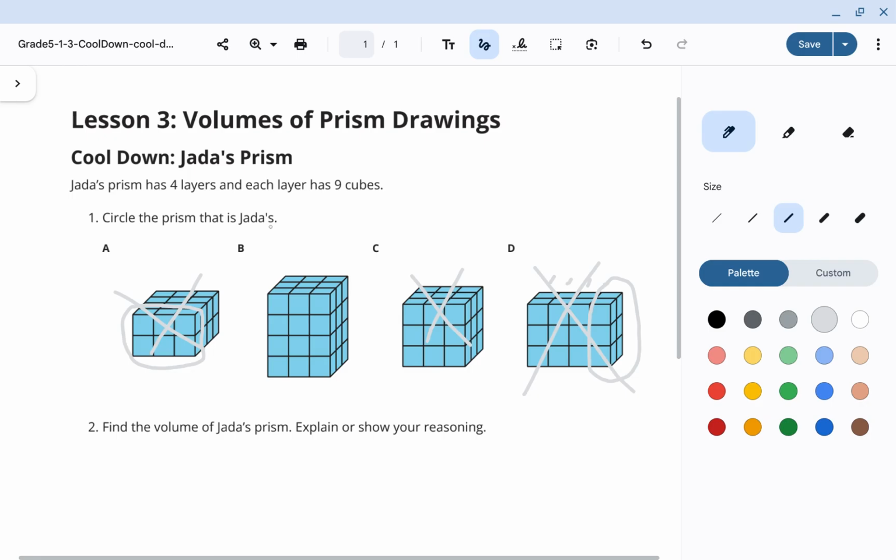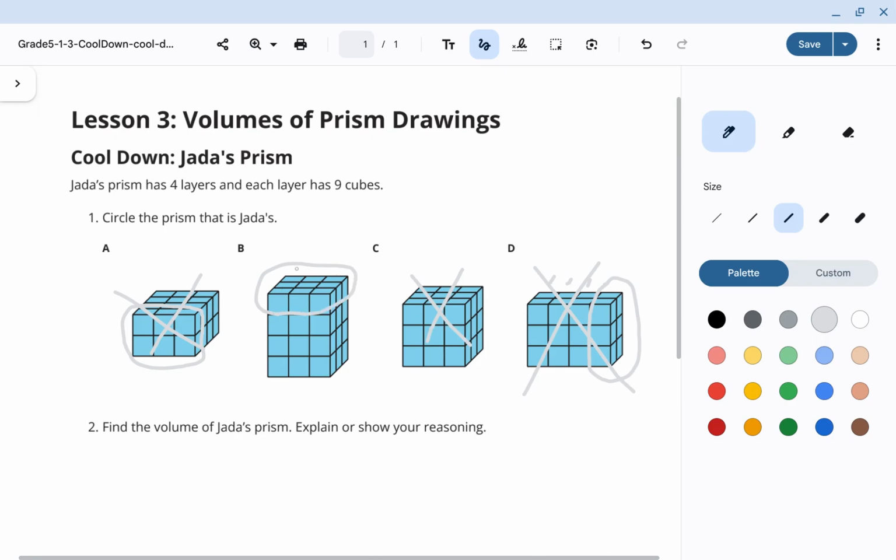Hopefully, through the process of elimination, we have found the correct one if we have narrowed out A and C and D accurately. Now here I do see 4 layers, right? So I see my bottom layer, a second layer, a third layer, a fourth layer up here, and now we ask ourselves, we've got the 4 layers, do we see 9 cubes in each layer?